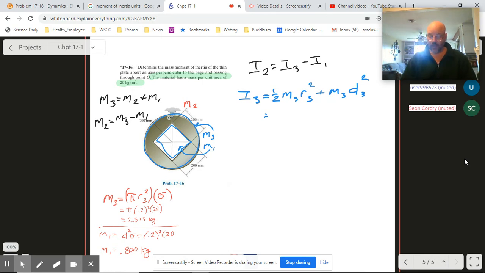All right, so now back to our regularly scheduled moment of inertia calculations. So 1/2 M3 was 2.513 times 0.2 squared plus 2.513 times 0.2 squared, and that gave me 0.1508.